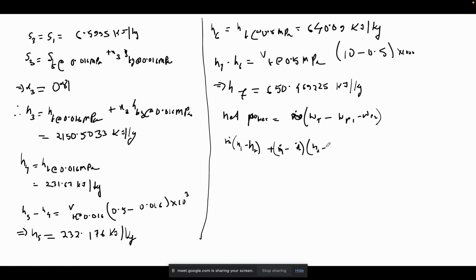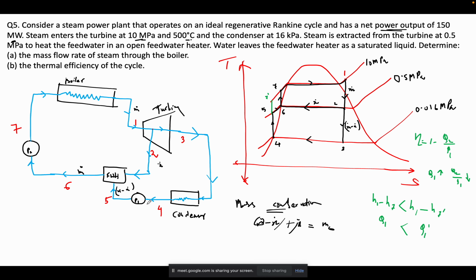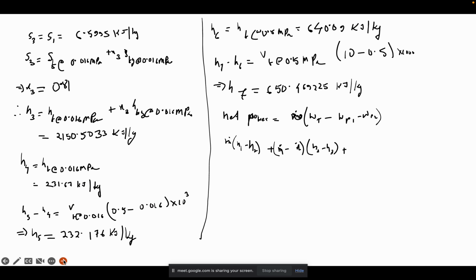Then in pump P1 it is m dot minus x dot, so (m dot minus x dot) into (h5 minus h4).